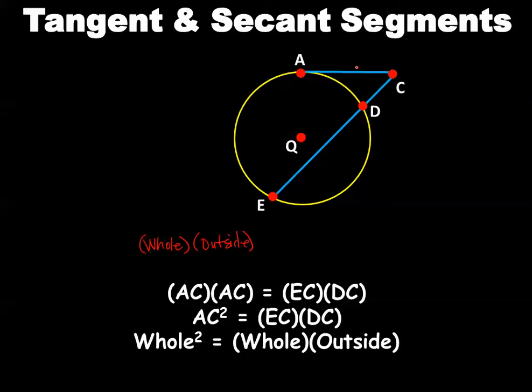Well, AC is the whole, and the outside is also AC, so that's why that works. When you take those two variables, AC, and multiply them together, you're actually squaring them. So that's why we say AC squared equals EC multiplied by DC. So you're going to take the whole squared equals the whole multiplied by the outside.